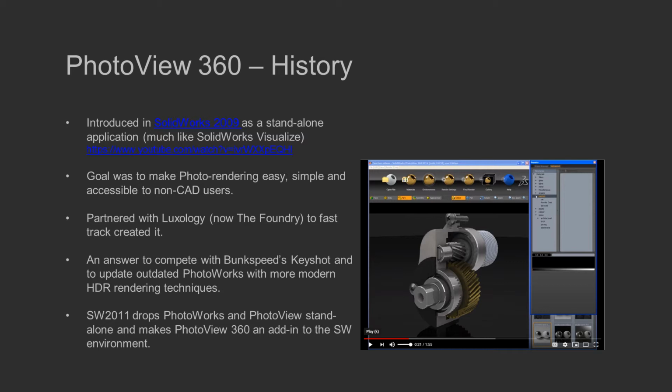And there are some real good advantages of that, in that a lot of times you have to adjust your model to get the best shot, and having the ability to change geometry and many other things with the photo rendering integrated in that process is a real good thing.